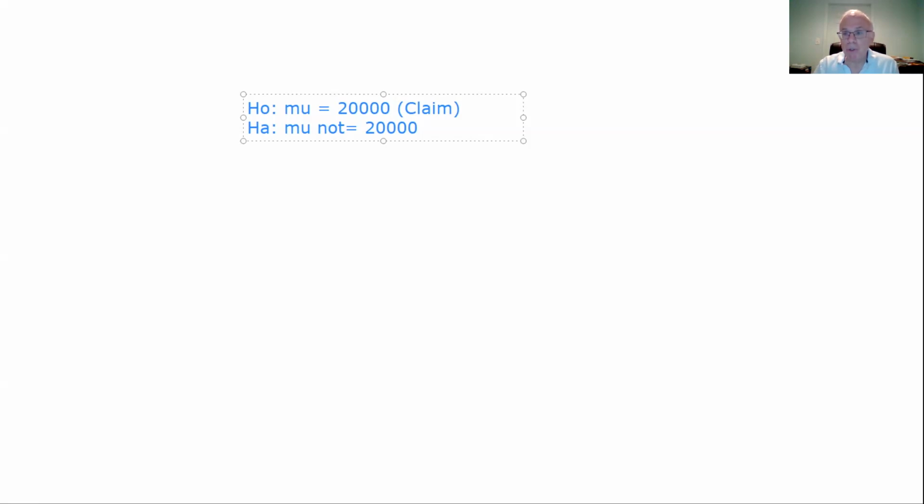Step 2, can we do the test? Yes, we can, because the sample size 34 is greater than 30. The sampling distribution of sample means is normal. Okay. Step 3, since the population standard deviation is unknown, we're going to use the t-test again. And here's our formula right here. X bar minus mu in the numerator, s divided by the square root of n in the denominator.